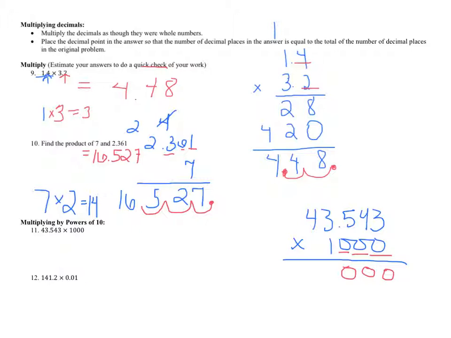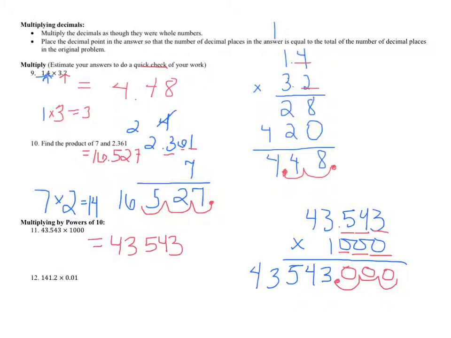Well, multiply through by 1, I have 1 times 3 is 3, 1 times 4 is 4, 1 times 5 is 5, 1 times 3 is 3, and 1 times 4 is 4. I now count my decimal places, 1, 2, 3. So from the end, I move in 1, 2, 3 places, and I see that my answer comes out to 43,543.